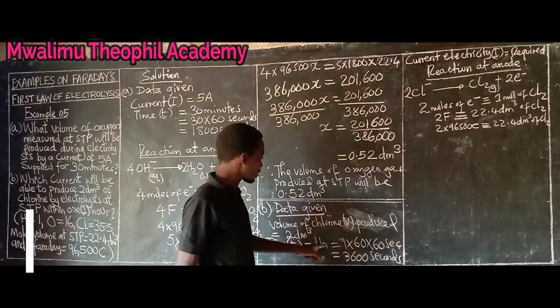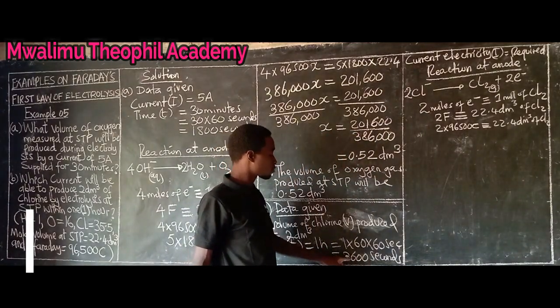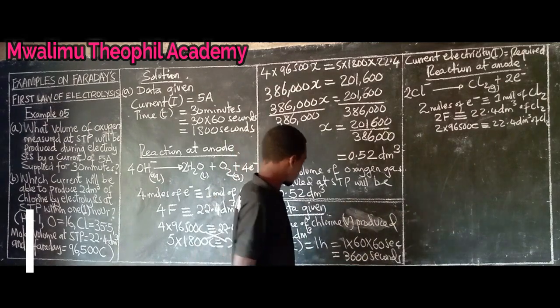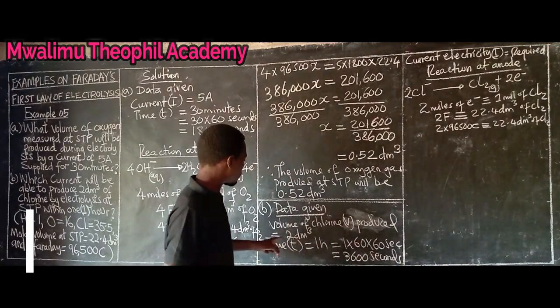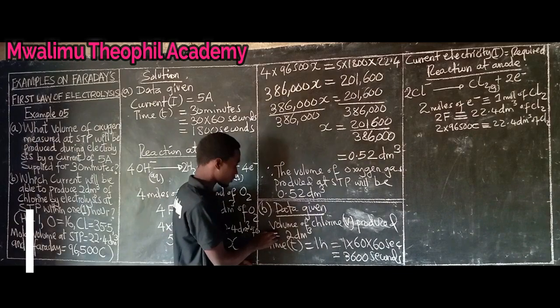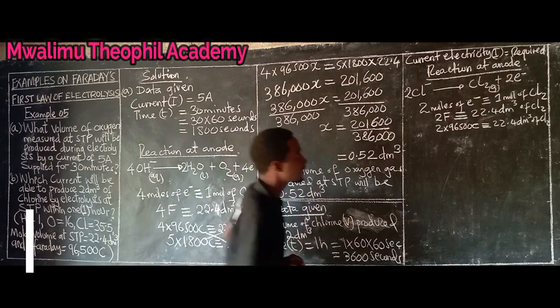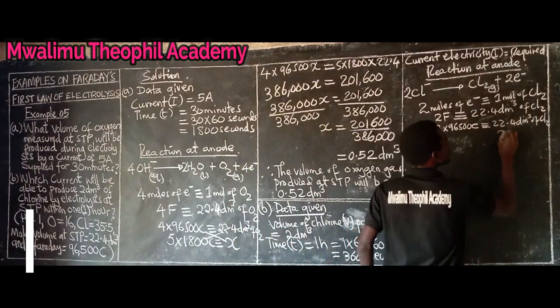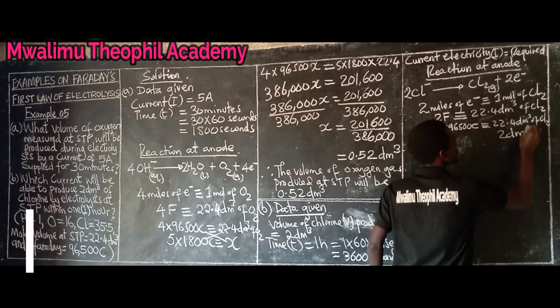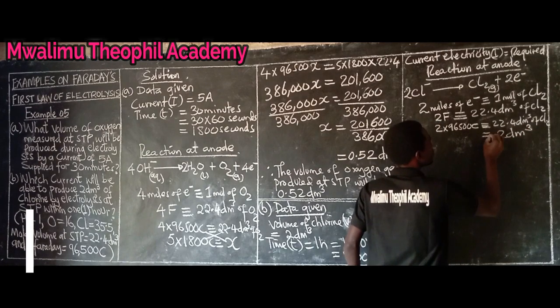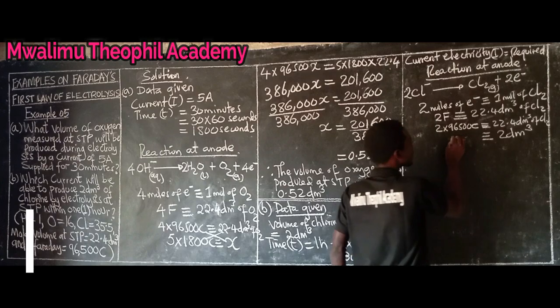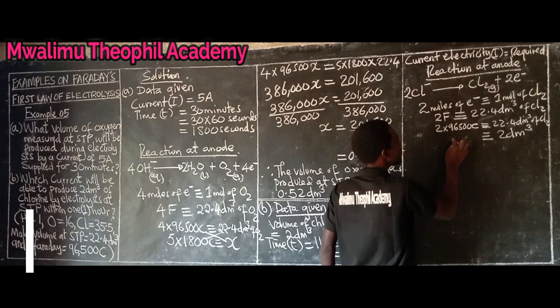From the given data, we are given 1 hour, which is equal to 3,600 seconds. Also, the volume of chlorine gas produced is 2 decimeter cubic. It means 2 decimeter cubic of chlorine gas is equivalent to the electric current times its time, to get the charge.